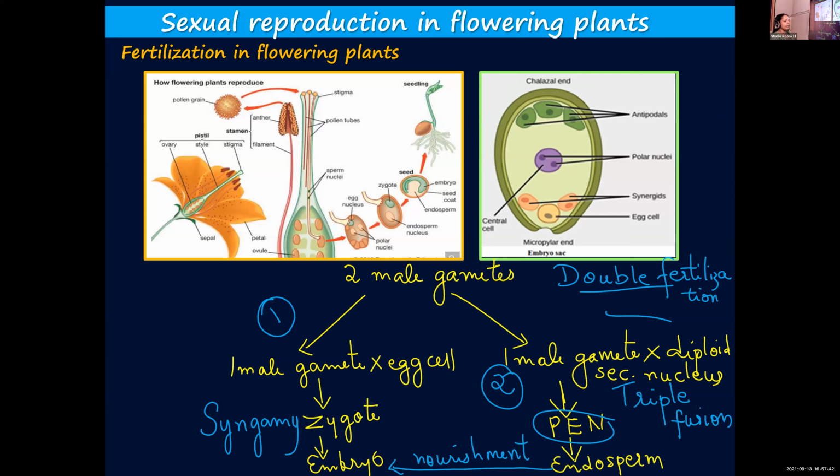The second male gamete will fuse with the diploid secondary nucleus. What do you call the process? Triple fusion. What is formed by triple fusion? PEN, the primary endosperm nucleus. It will develop into endosperm. What is its function? To provide nourishment to the growing embryo.